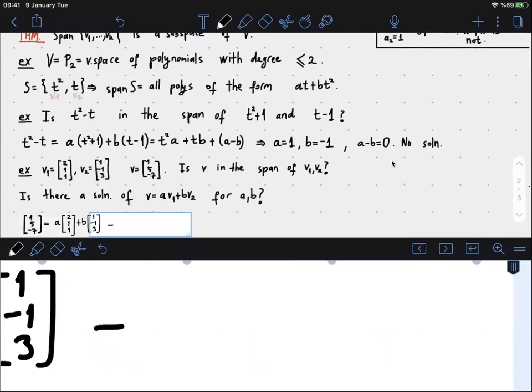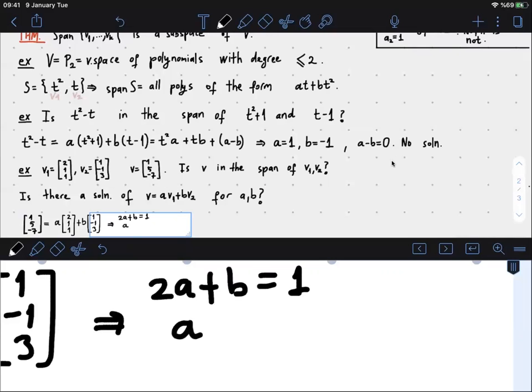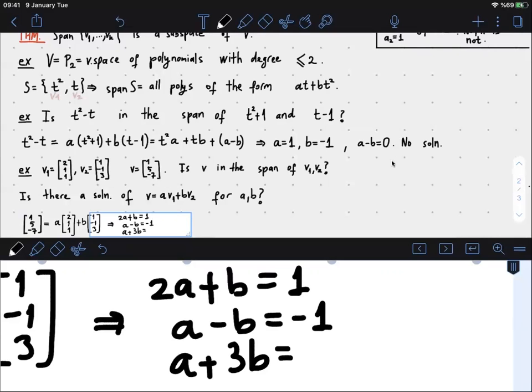So what does it mean? I can express this as 2a plus b equals 1, a minus b equals minus 1, and a plus 3b equals minus 7.